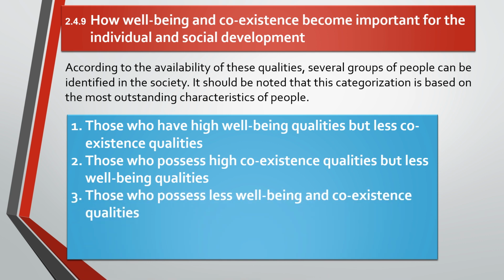And now we will see the third category of the people. Those who possess less well-being and coexistence qualities. So this type of people also can be seen among us occasionally. They earn well through different illegal means and nothing is done for the social development.